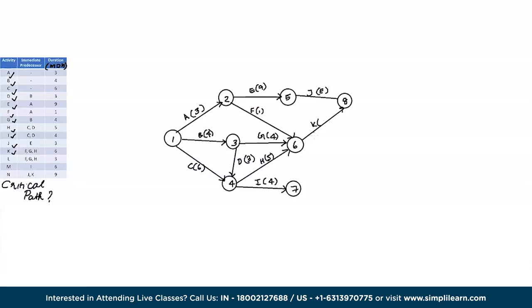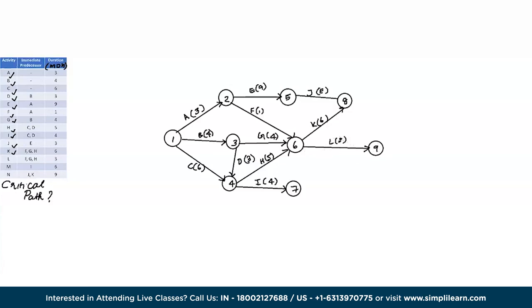That's right, K, which has a duration of 6. Now for L. L is preceded by FGH, but it is not an immediate predecessor for any other item, which means that it connects to the final node right here. That would be node 9. L, which duration is 3.